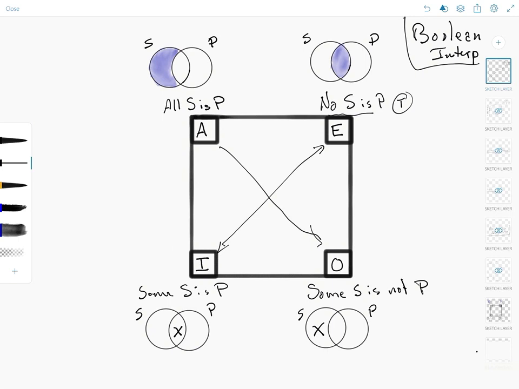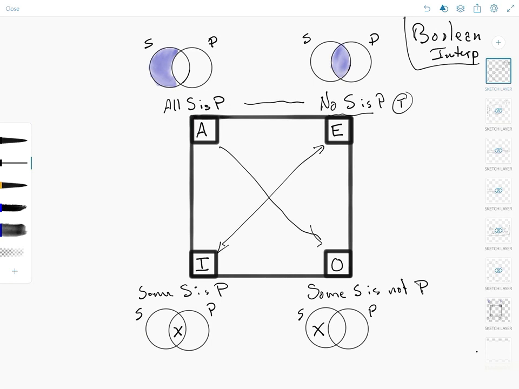All right, so we have seen that on the Boolean interpretation, sub-implication is not a valid inference. So we have to lose that. What about contraries? So contraries are the relation across the top row, the universals, right? And in the traditional Aristotelian square of opposition, contraries cannot both be true, but they might both be false.